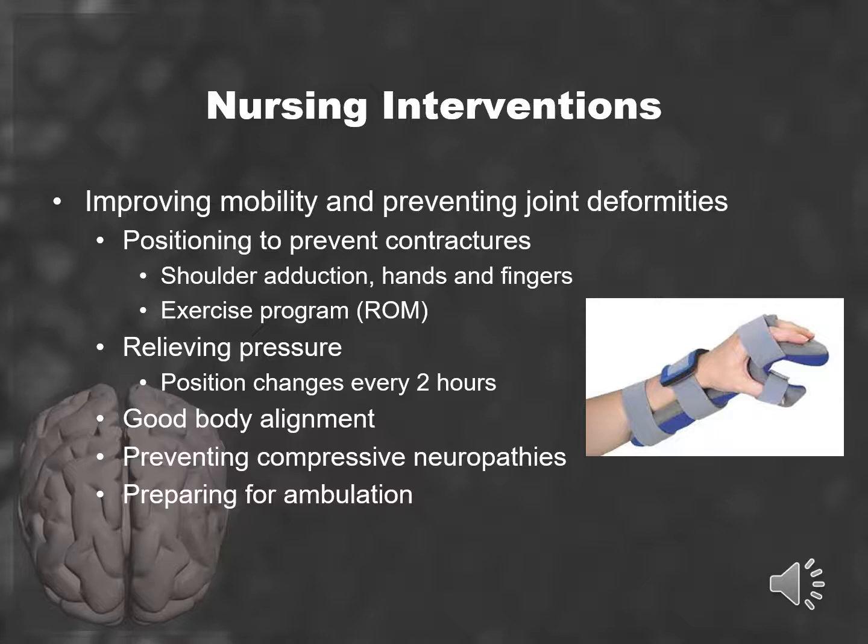Depending on how they're lying, we may see where they can put pressure on certain areas that then cause them to have nerve pains. So we position them again in a normal anatomic position to help prevent those compression neuropathies. Another thing that we look at is preparing them for ambulation. Our goal is to get them up and ambulating as quickly as possible and use assistive devices as they're needed for the patient.